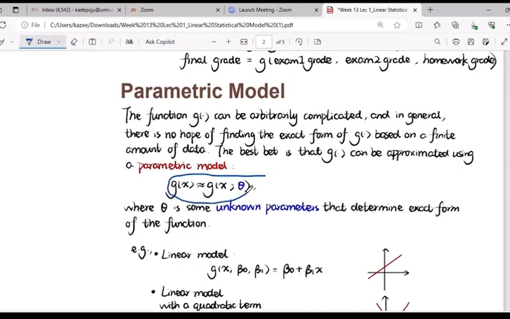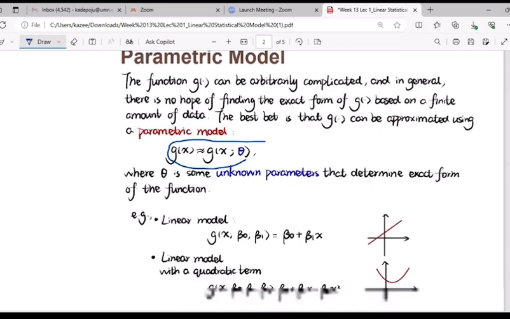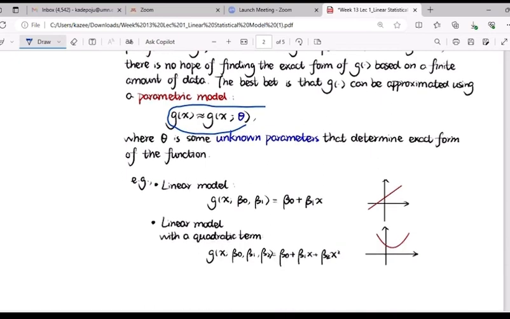What we're trying to say is that the real functional form is going to be approximately that, which means the model we specify has some parameters. That's what we mean.